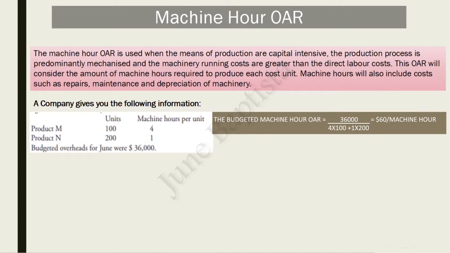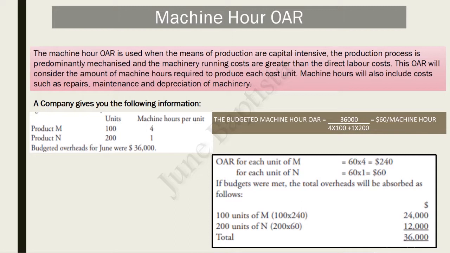To calculate the budgeted machine hour OAR, you divide $36,000 by the number of machine hours, which is 4 times 100 plus 1 times 200, to give you an OAR of $60 per machine hour.